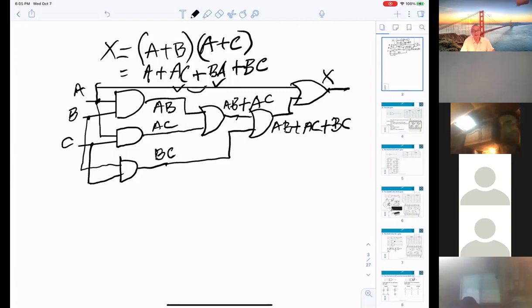So, any question regarding how to draw the circuit? Basically, later on, you will be using the PSPICE simulation to draw it for you.